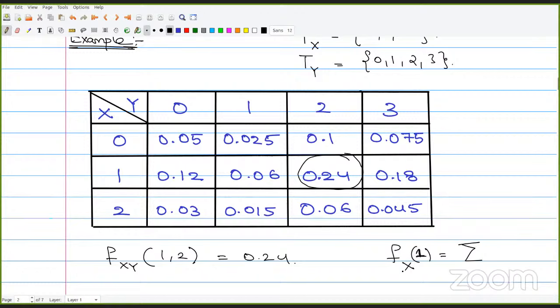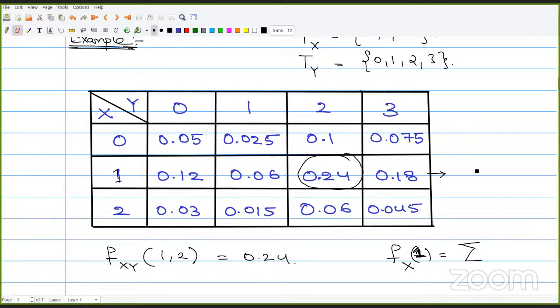We are asking for the marginal PMF of x, so you go to the row in which x is 1 and add all the values in that row. X will be fixed, the y value will change.